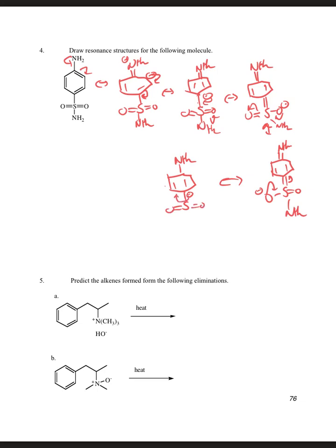Then we can send it around the other side of the ring. Losing my NH2 there, and then send it back to the nitrogen to finish it off, to draw the last one. So we get the NH2, the bonds around the ring in the right spot.